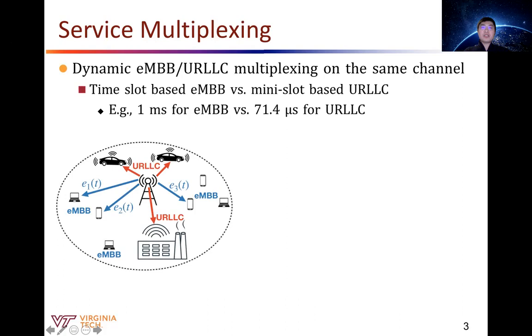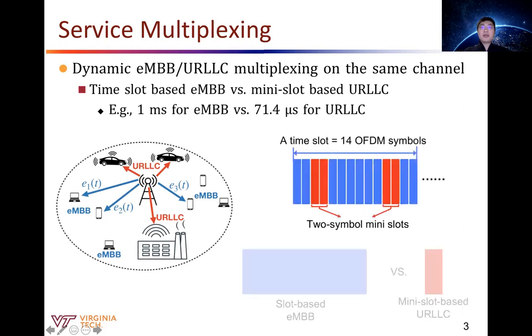According to the 5G standards, eMBB data traffic is transmitted in regular time slots. The duration of a time slot depends on the OFDM numerology employed for the cell. For example, the slot duration is 1 millisecond under numerology 0.